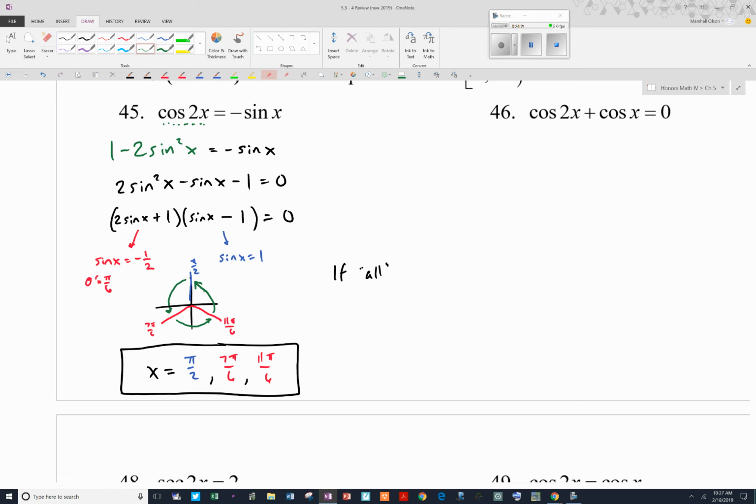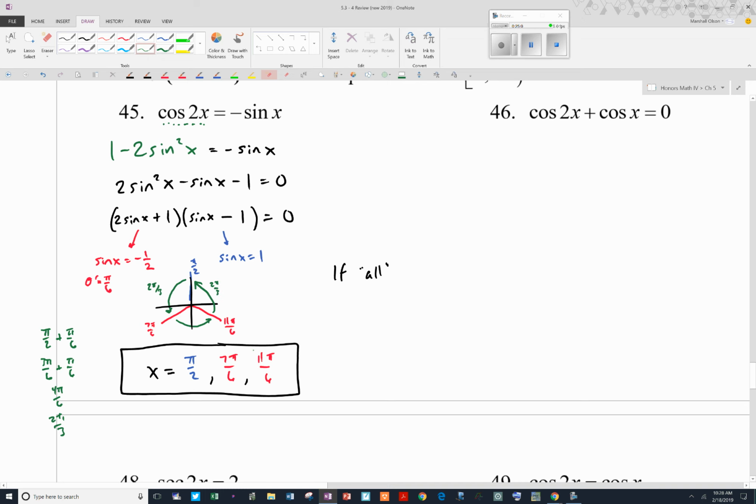From pi over 2 to 7 pi over 6, I would need pi over 2 plus another pi over 6, which would be, let's get a common denominator here, 3 pi over 6 plus pi over 6. That would be 4 pi over 6, or 2 pi over 3. That's what this is from here to here, 2 pi over 3. Well, obviously that's the same amount to get back there, so there's no question that this is also 2 pi over 3 right here.